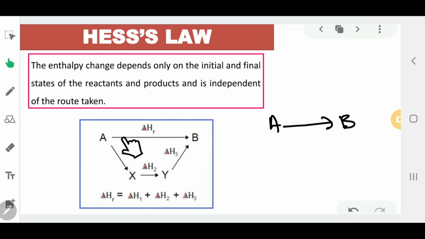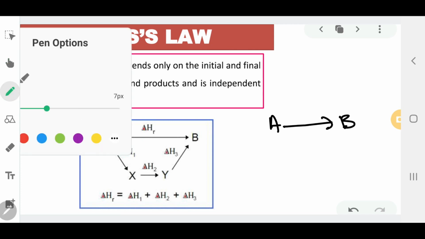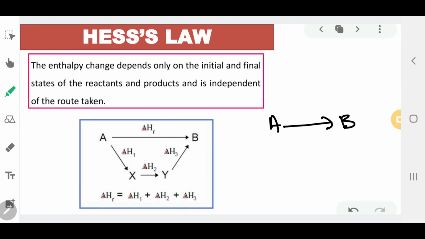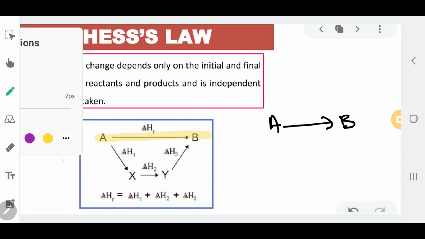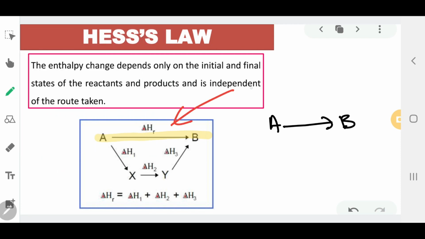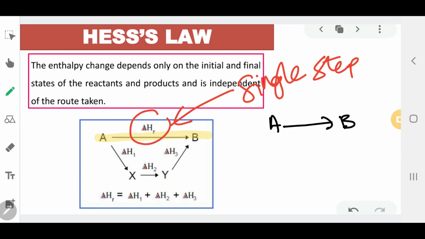So the one on top, the one that you are looking at here, is the part in which the reaction is in a single step, and it has the value of delta HR.